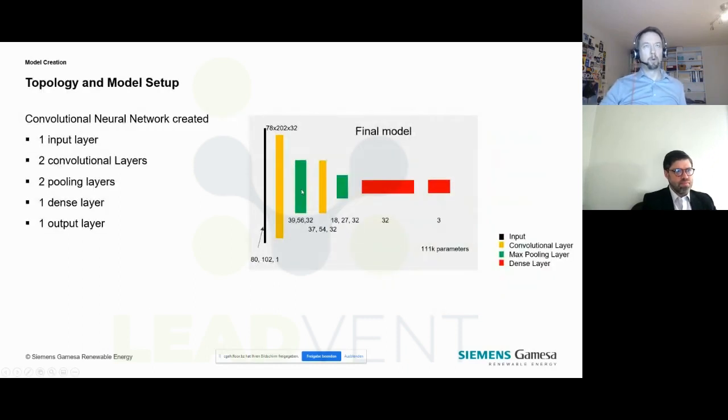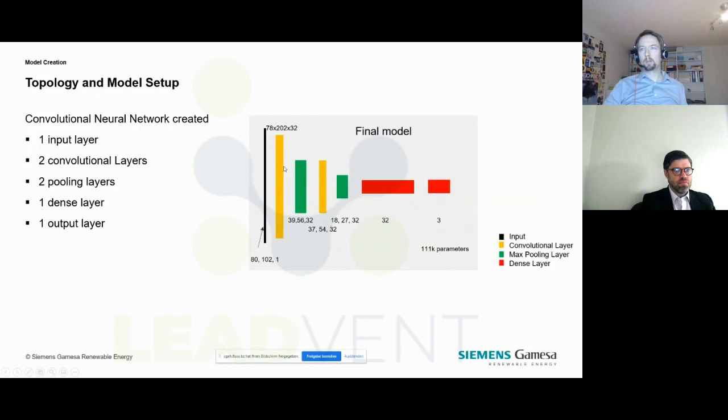So here you can see the final model that we have developed. This is a convolutional neural network that we have created for this task. And we are having our input layer at the left-hand side with the images, with the dimension I spoke about earlier, and then follow some convolutional layers and max pooling layers.